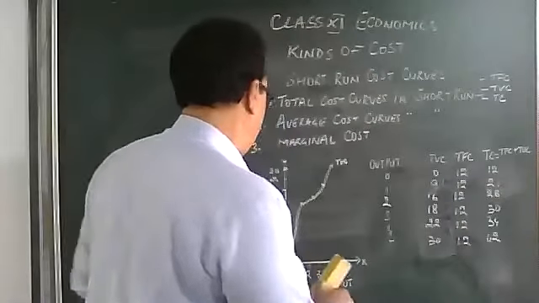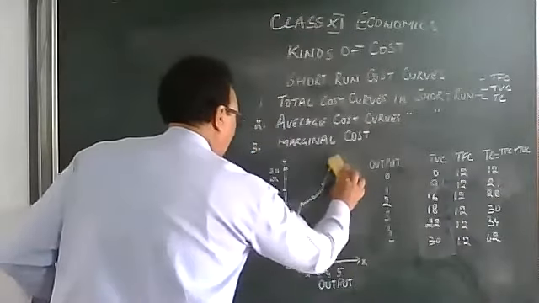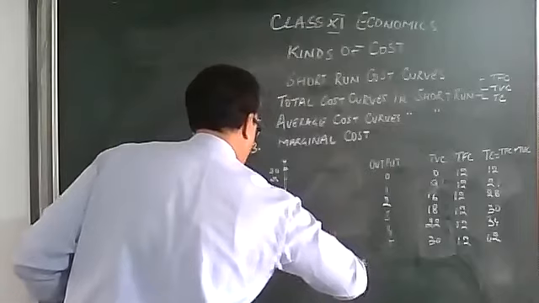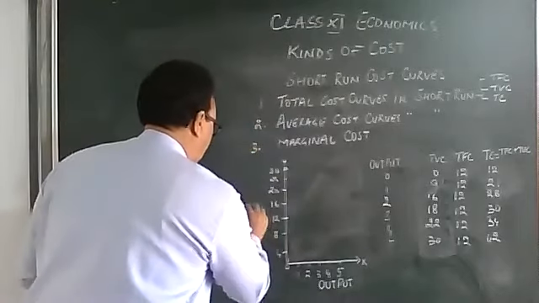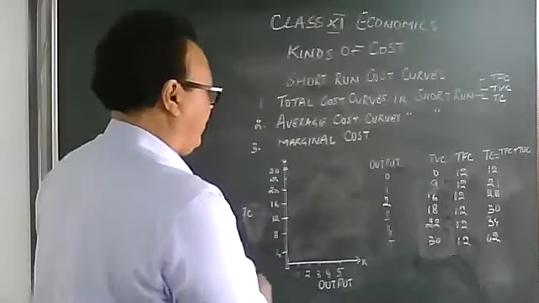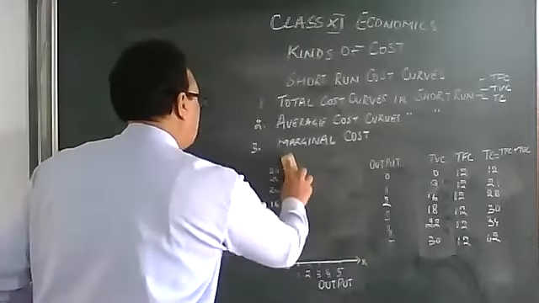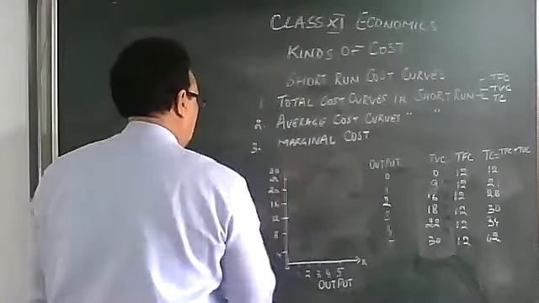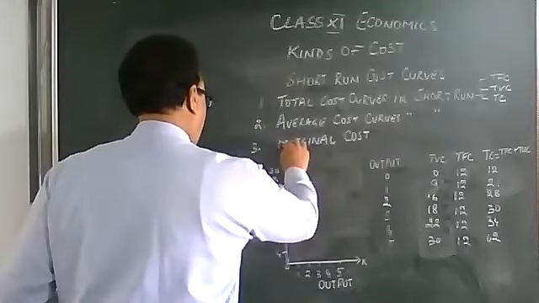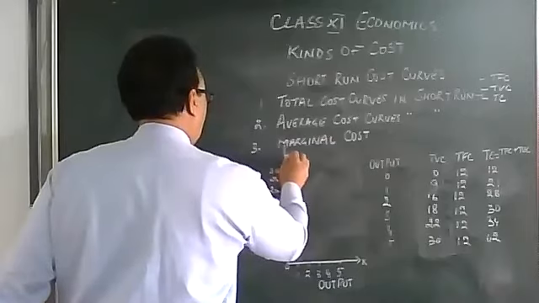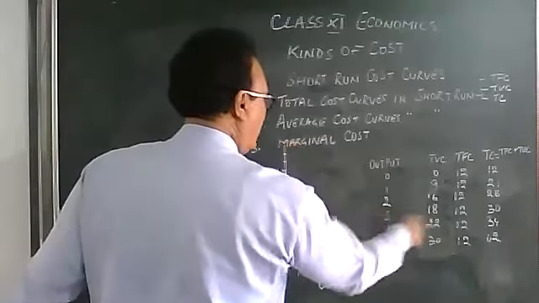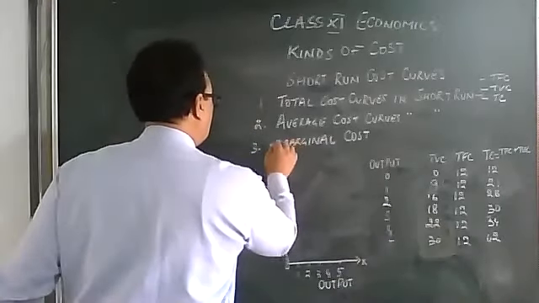Draw it. Total cost. We will increase this scale: 30, 34, 38, and we need to go to 42.